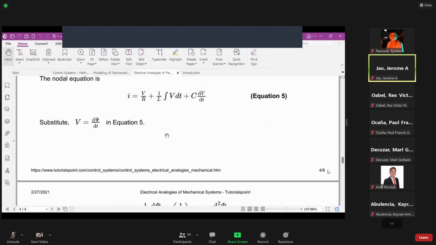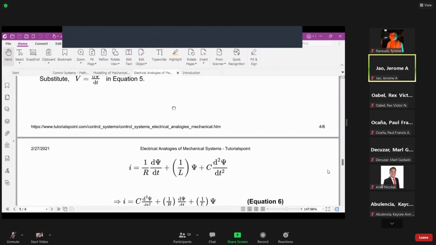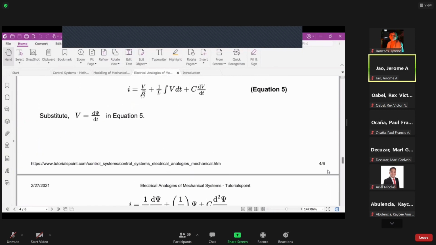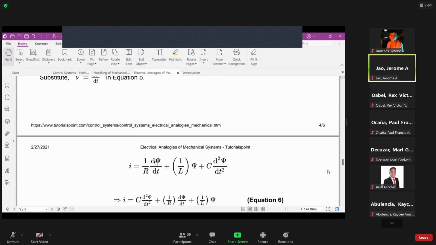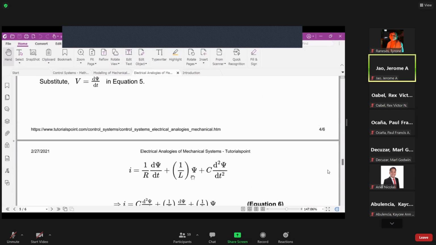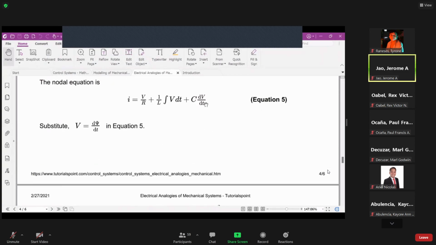So therefore, you can come up to this equation 6, which is 1 all over R of dG all over dt, kasi ito yung V, plus 1 all over L of your V dt. Since it's a differentiation, it's an integral, so maka-cancel, it's only dt. And then, you have C dV all over dt.